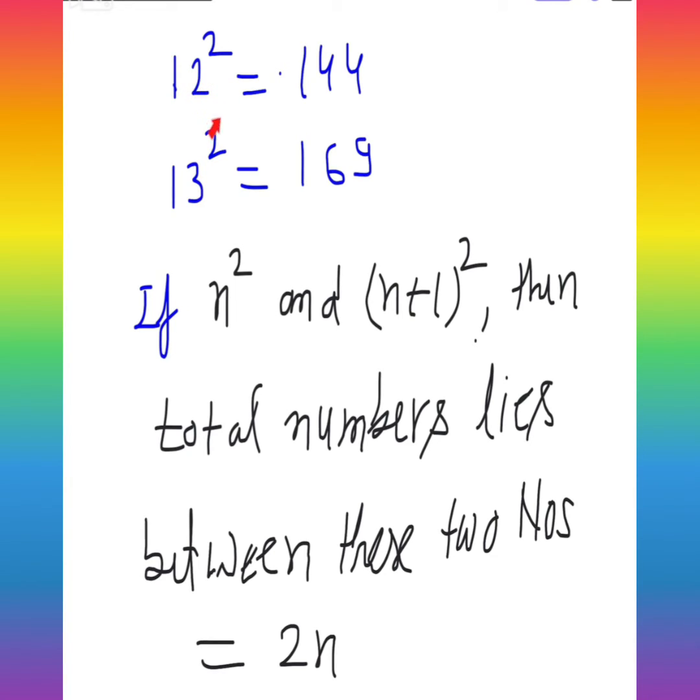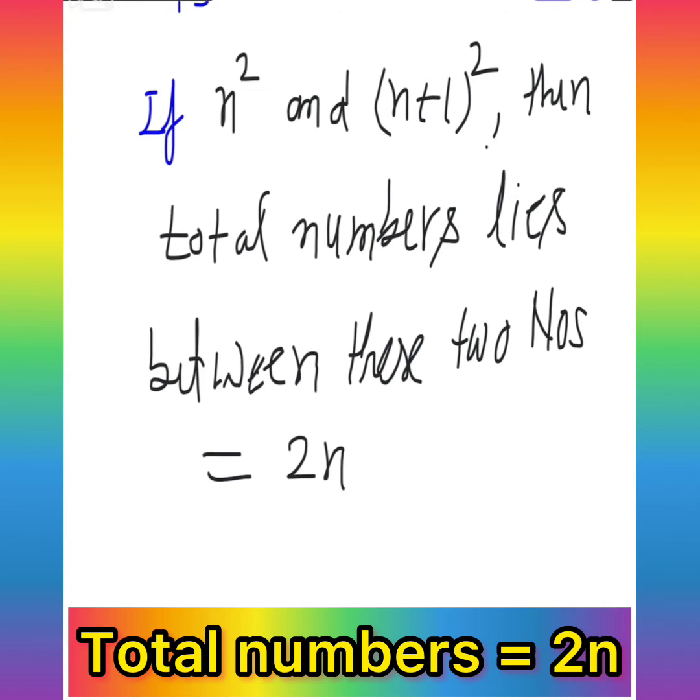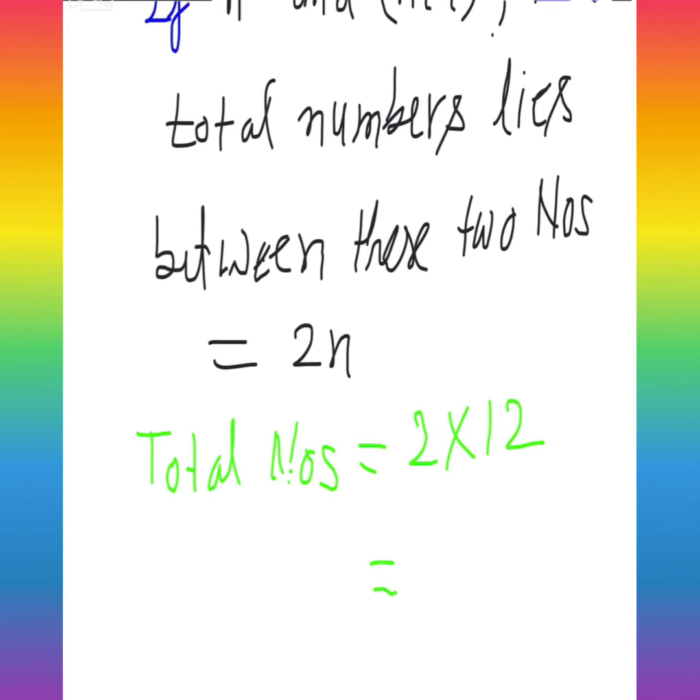Okay dear, only 2n means you will put only the first number, that is 12 square and 13 square. So you will put only 12 here, and you will get the total numbers. n square is 12 square, and n plus 1 square means this is 13, since 12 plus 1 is 13. So the value of n is 12. So you will put here the numbers equal to 2 into 12, that is 24.